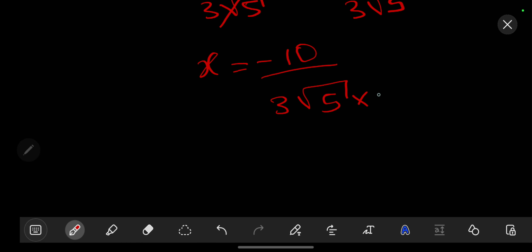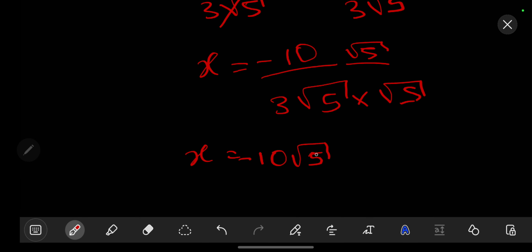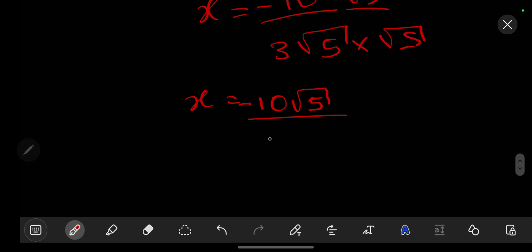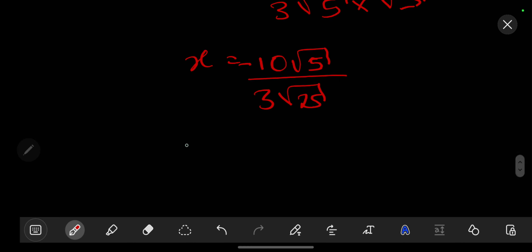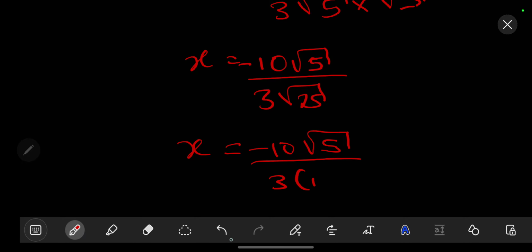The conjugated value can be square root of 5 times the square root of 5, x should be equal to negative 10 square root of 5 over just the square root 3. Square root 5 times square root 5 is equal to square root of 25, which should be equal to x is equal to negative 10 square root of 5 over 3 times 5.